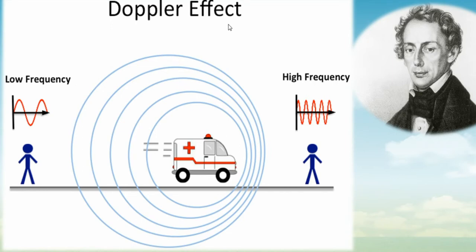That's why the Doppler effect plays a very important role, because using Huygens' theory, we are able to determine the new position of a wavefront at a later time t.